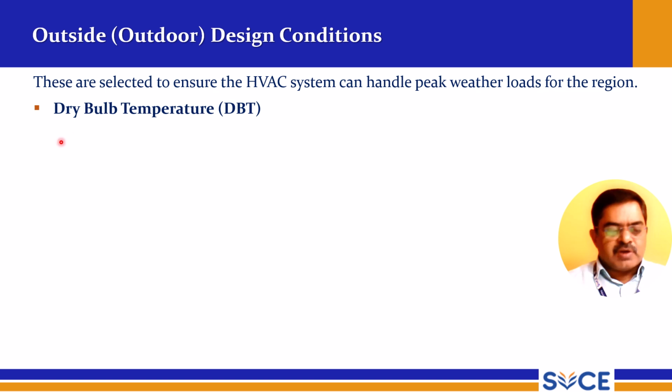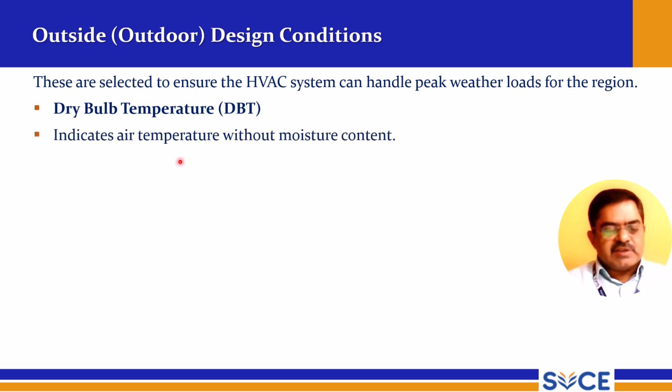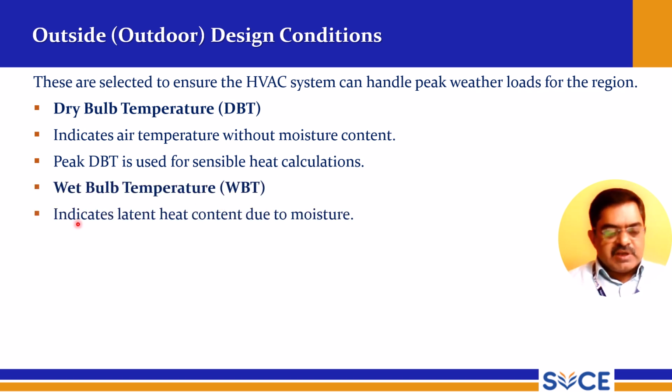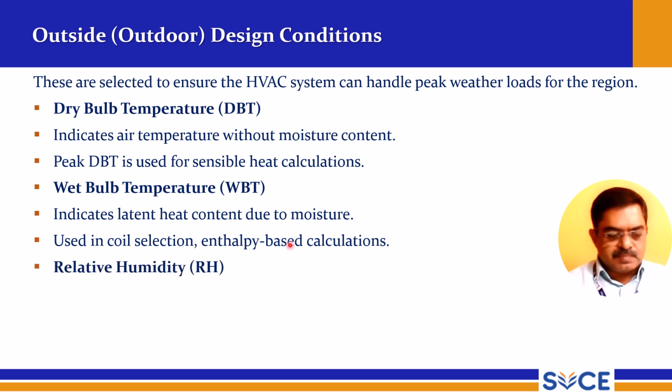And we have to consider the dry bulb temperature, DBT. It indicates air temperature without moisture content, and peak DBT is used for sensible heat calculations. The wet bulb temperature indicates latent heat content due to moisture, used in coil selection and enthalpy based calculations.